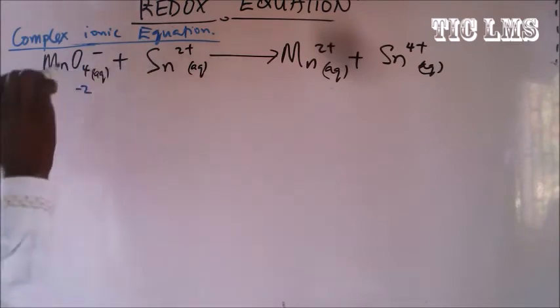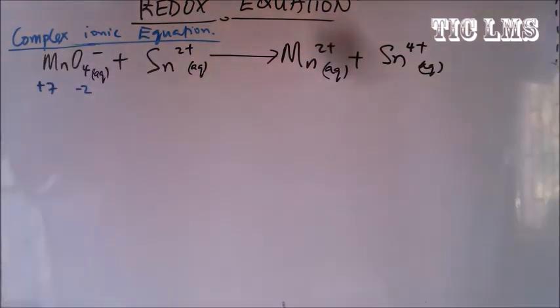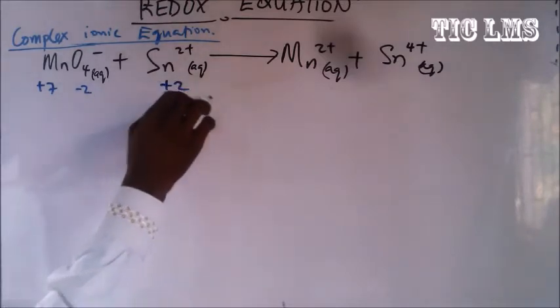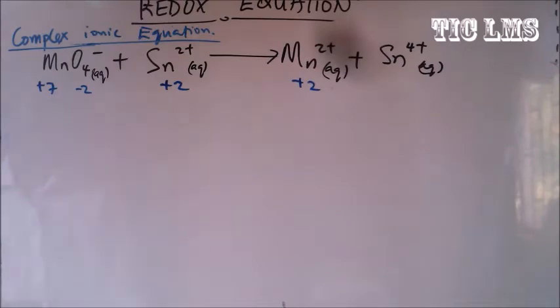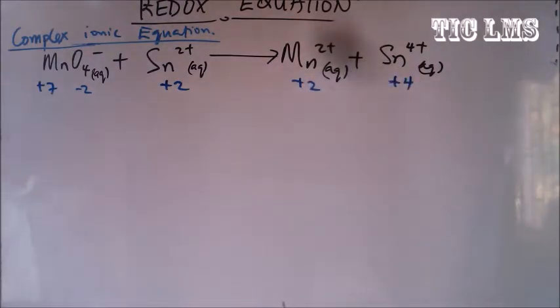Now, for you to understand how we got this +7, we need to view our video on redox reaction and oxidation number. Then for tin, the oxidation number here is +2. For manganese, we have +2. For tin, we have +4.